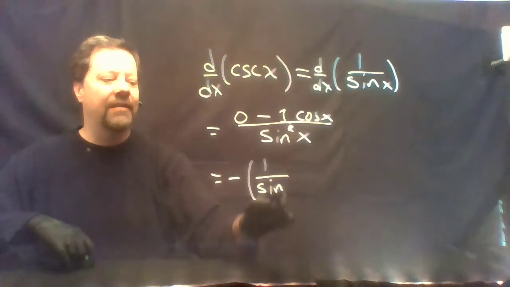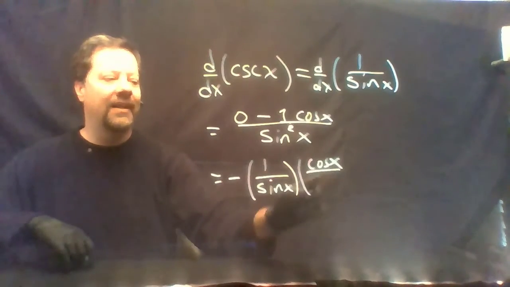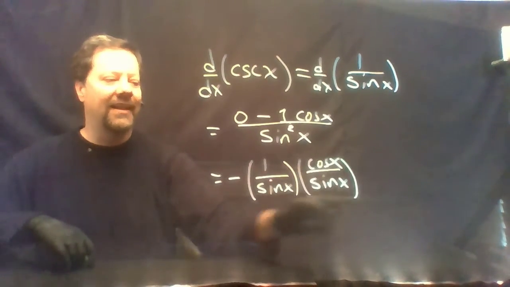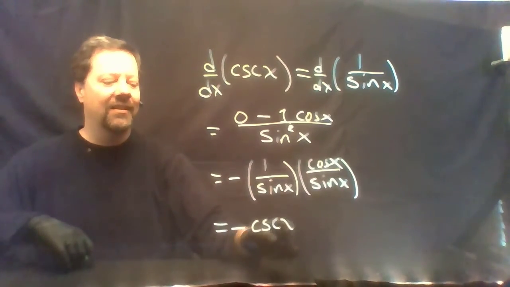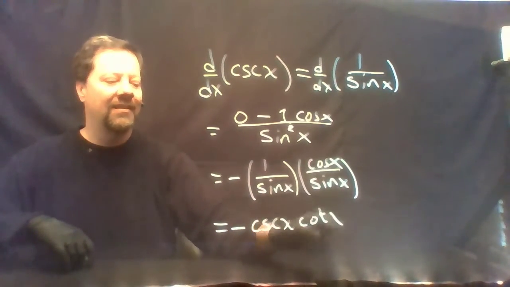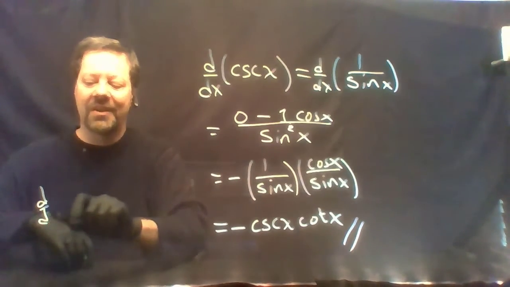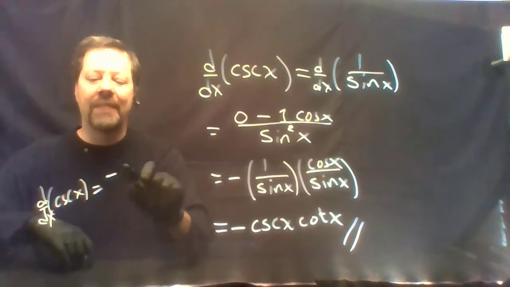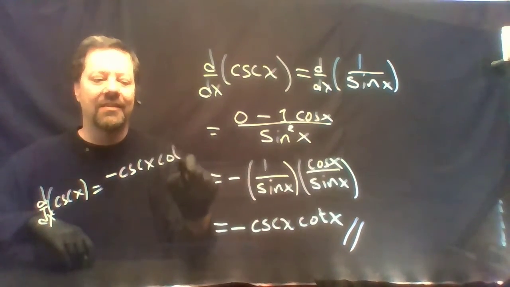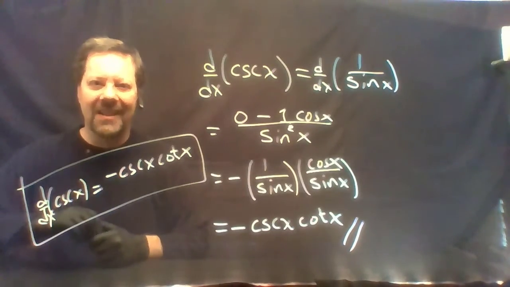I'm going to factor out a 1 over sine x, and what's left is cosine x over sine x. We get minus cosecant x cotangent x. So we've just shown that the derivative of cosecant x is equal to minus cosecant x cotangent x. And of course, you're going to memorize that.